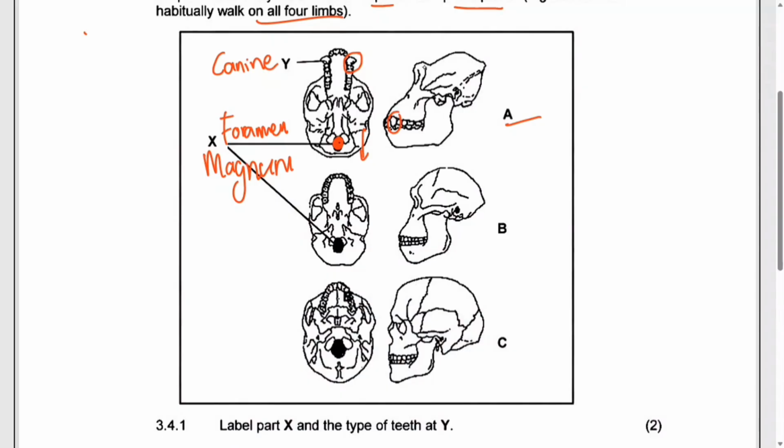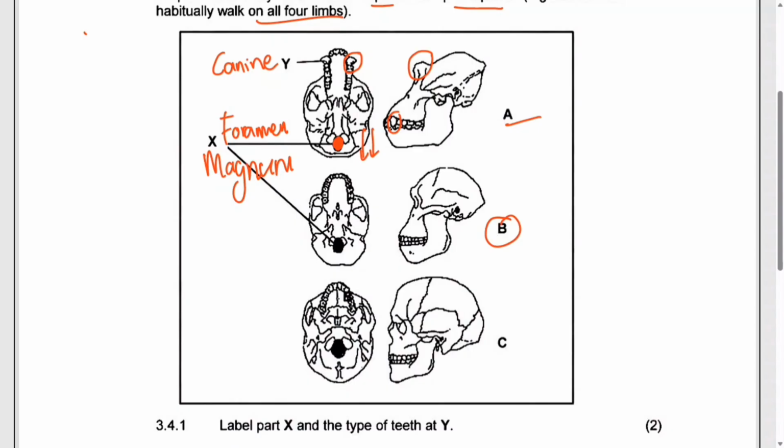The brow ridges are well pronounced, and we also have a small cranium. So this is an African ape. Also, the position of the foramen magnum is backward, meaning the spine will enter in a C shape there.